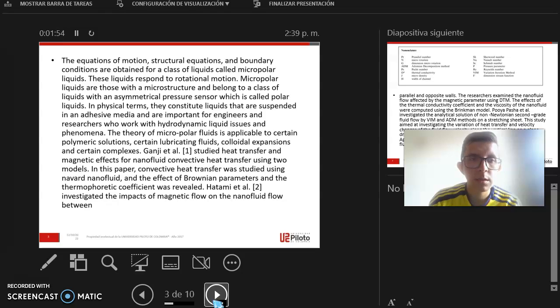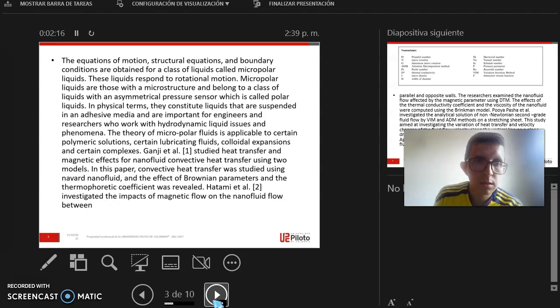Micropolar fluids are thus fluids with microstructure and belong to a class of fluids with asymmetrical stress tensor, which are called polar fluids.